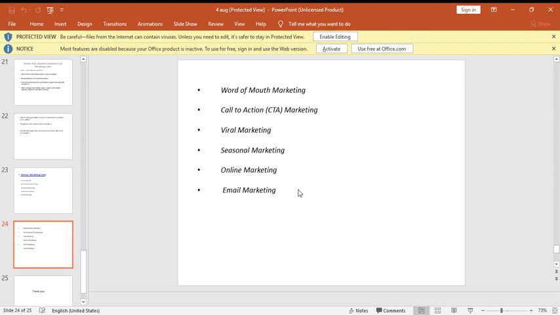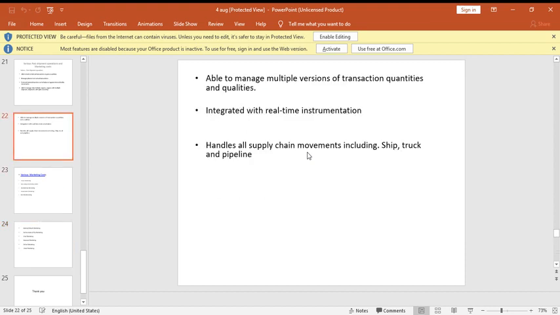Generally now marketing can be done through WhatsApp also, just like Amazon and different types of sites. Different sites are there, and through WhatsApp also we can do marketing.